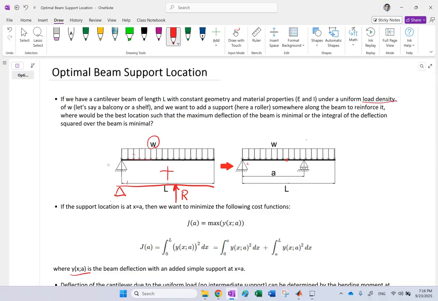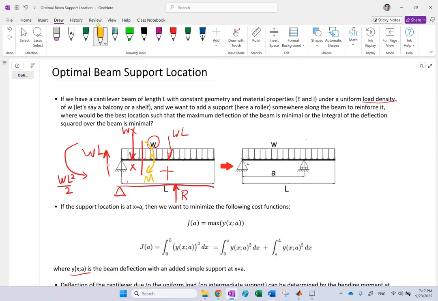So the equivalent of that is going to be WL here in the middle. So the shear force reaction at this cantilever is WL, and then this bending moment is going to be WL squared over 2. Now if you cut it at a distance x, at that point you have the load Wx, and these distances are each x over 2. And at that cut you're going to have the bending moment M.